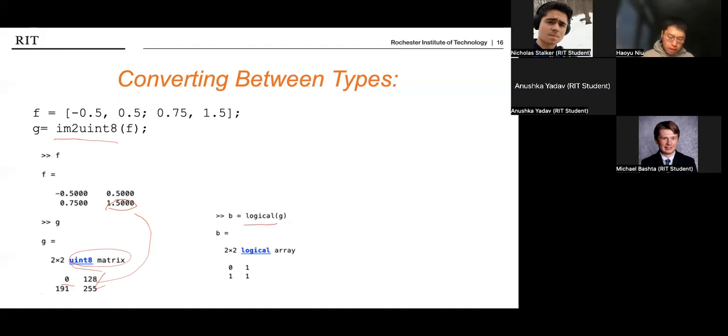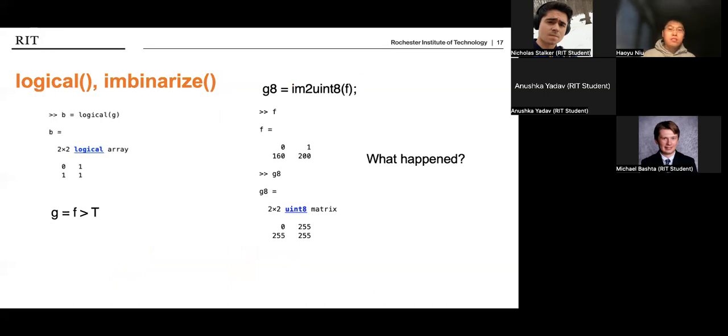In the process, non-zero elements in the input are converted to ones, and 0 values will be converted to zeros. So you see that for the logical G, the 0 will be converted to 0, and all the other values will be converted to ones. Okay, good.